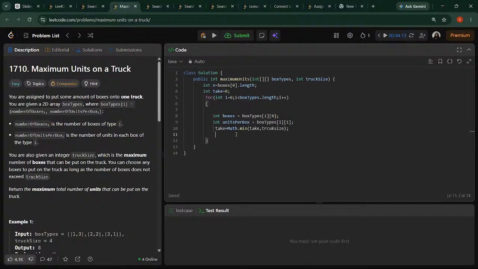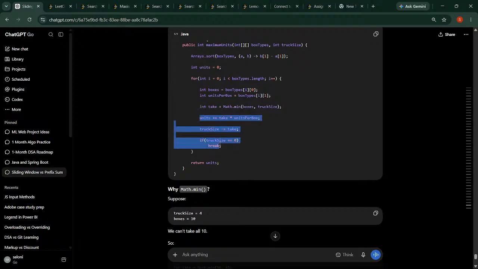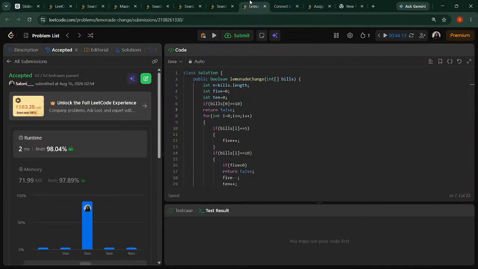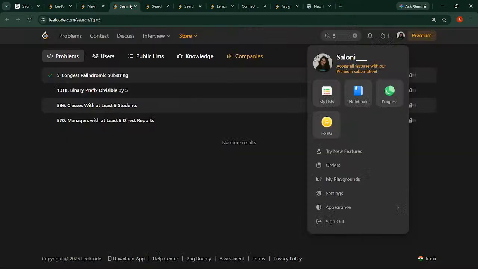What do I have to do? Store our boxes and units, and we'll be doing units plus and kind of minusing the take, reducing the take. There are lots of tabs I have opened. I should minimize.